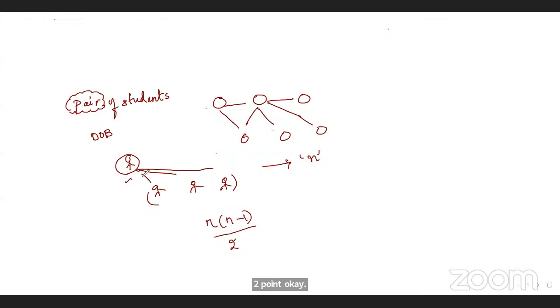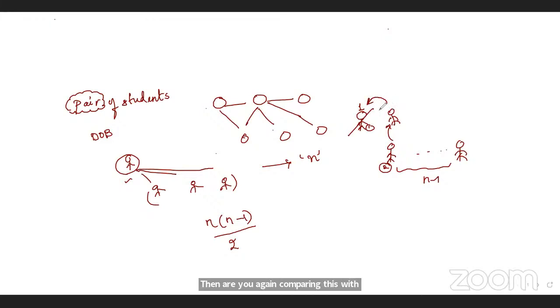Okay. See, in this case, when you fix a student and you want to compare that student with the other remaining n minus 1 students, correct? Yes, ma'am. And this is 1. So say student 1 is compared with the others, and in the next iteration when you discard this and fix the next student, then are you again comparing with the earlier student?